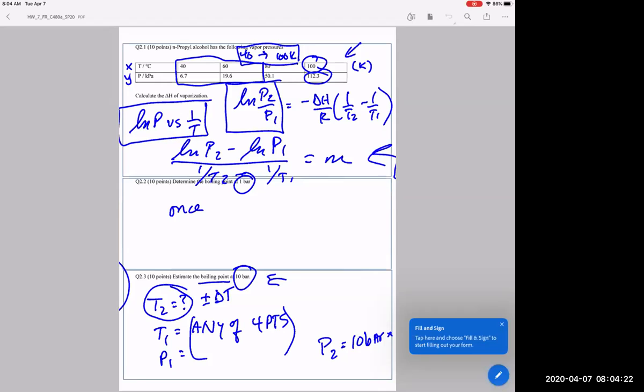For extrapolation, if you have a point outside your data set, you should again use the point in the data set that's closest. If it's a high pressure, use the highest pressure measured. If it's a low pressure or temperature, use the lowest measured. Gotcha, that makes sense. Thank you. You're welcome.